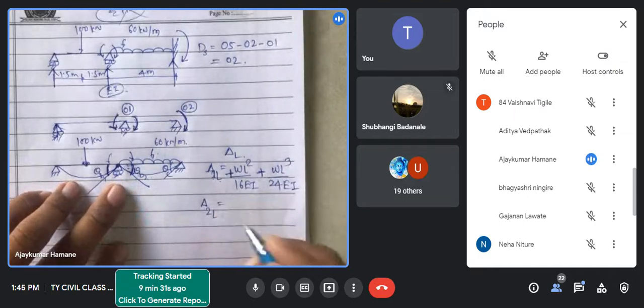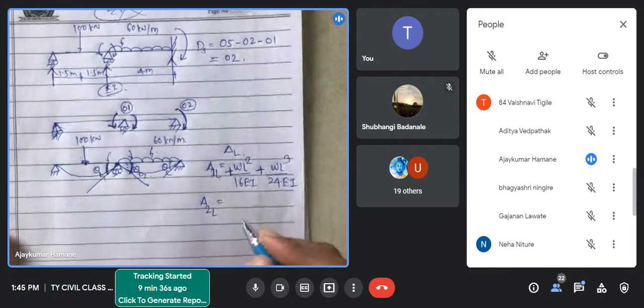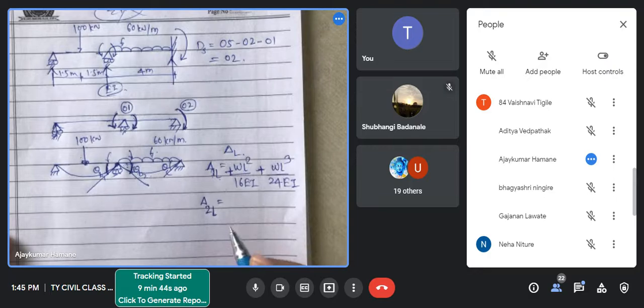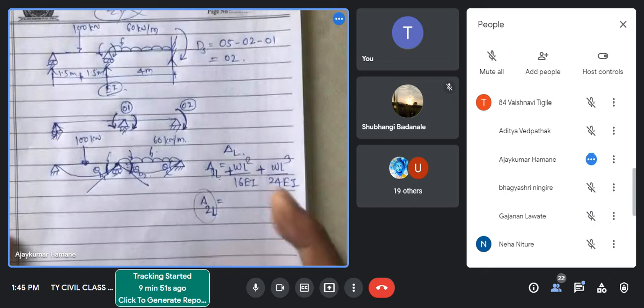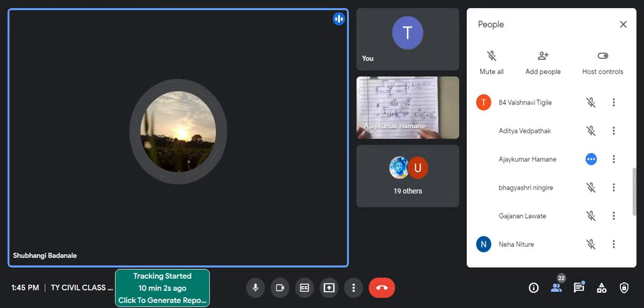What is delta 2L? Delta 2L means displacement at coordinate 2 due to loading.